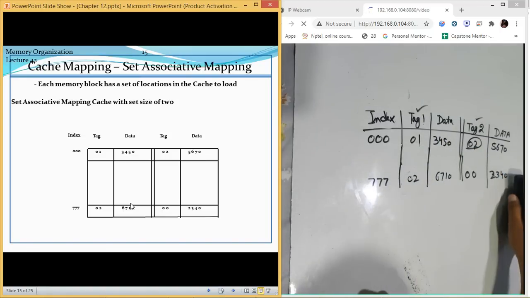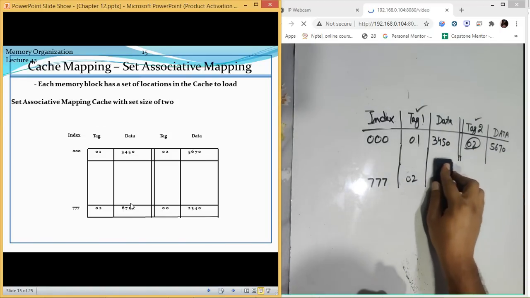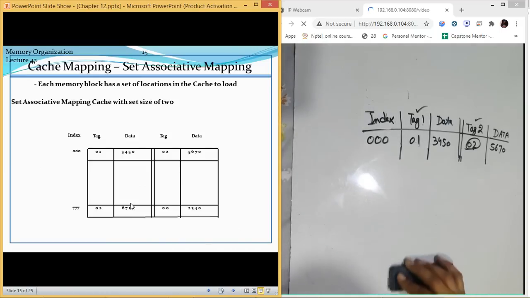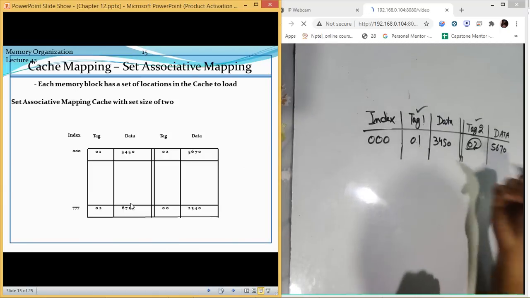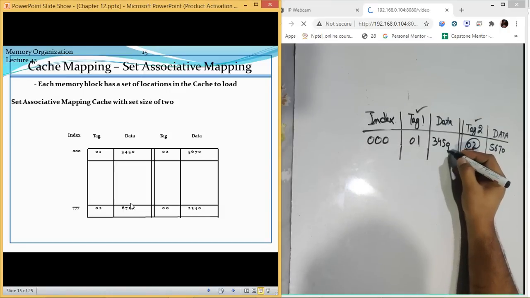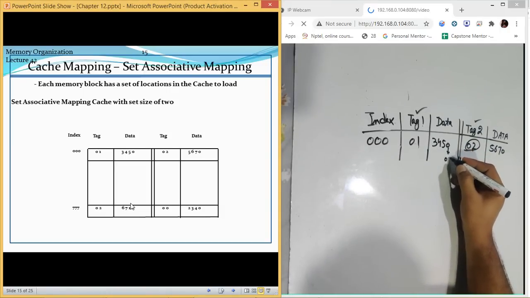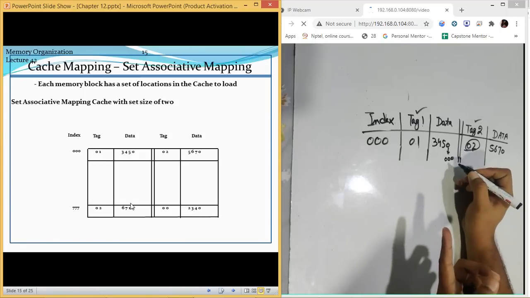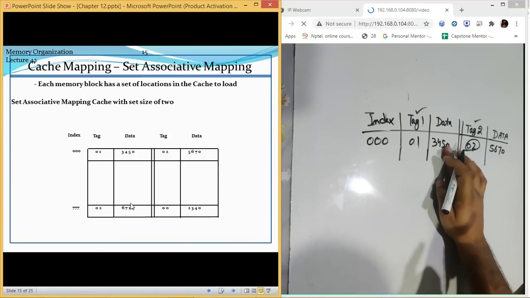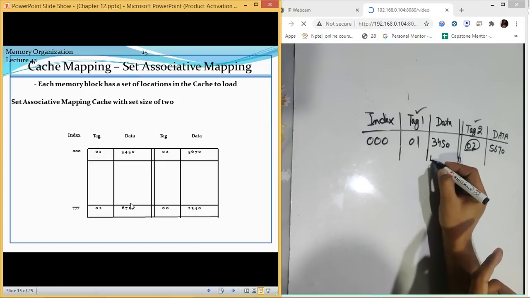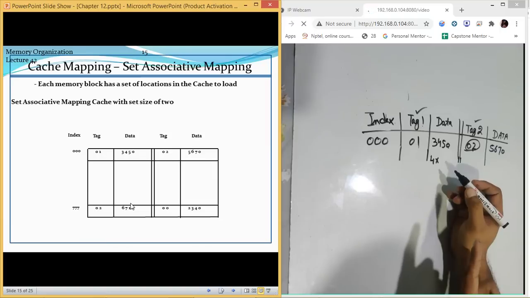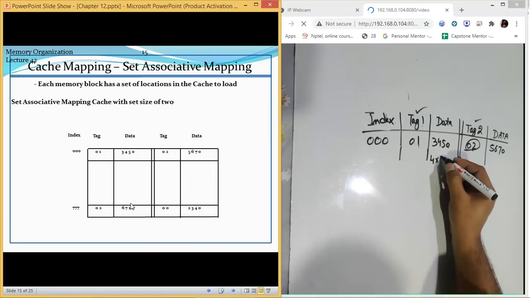Now the next thing is how to find out the size of this RAM, the size of this memory which we are using. As we have already discussed, this one bit which we are using is representing three bits in it, like it is an octal representation. So if it is an octal representation, for data we are having 4 digits, and each digit is representing 3 bits.